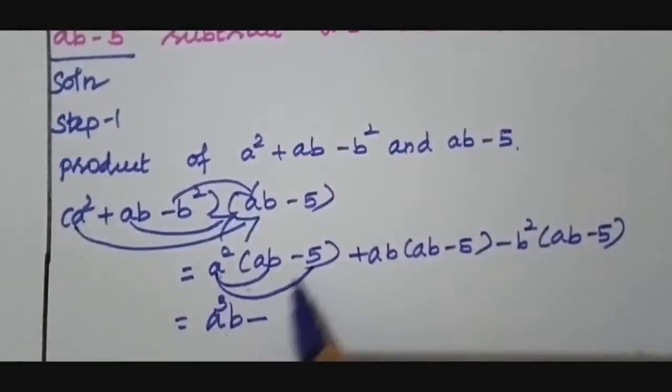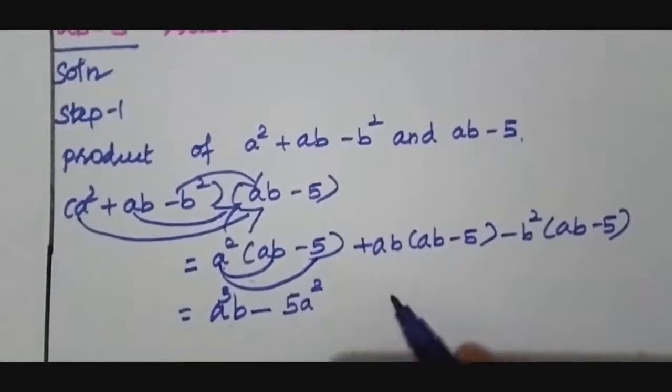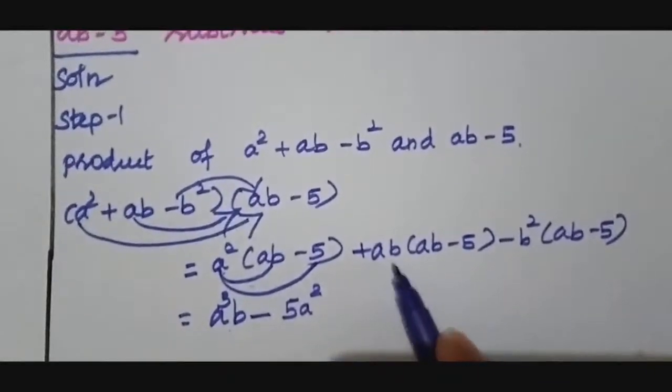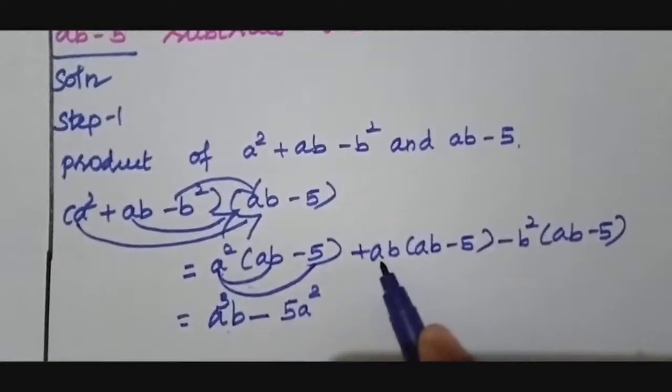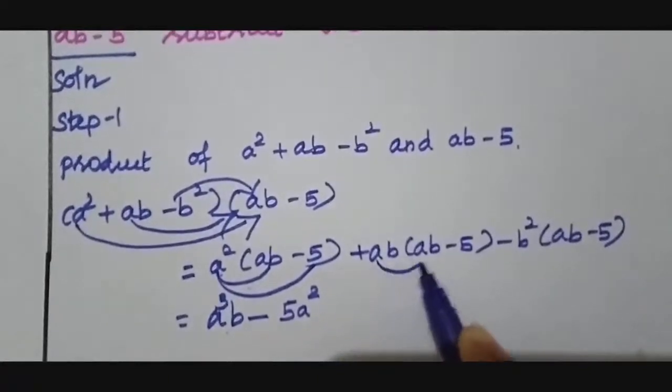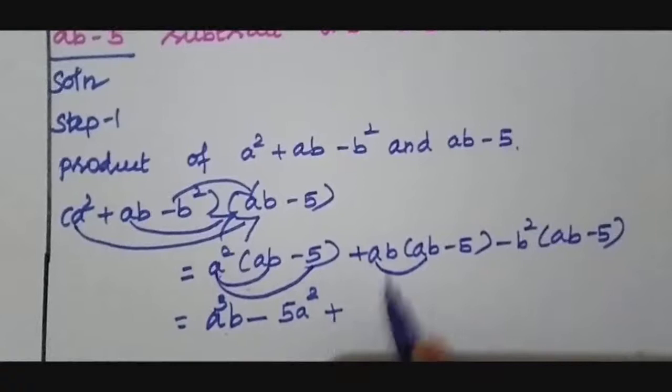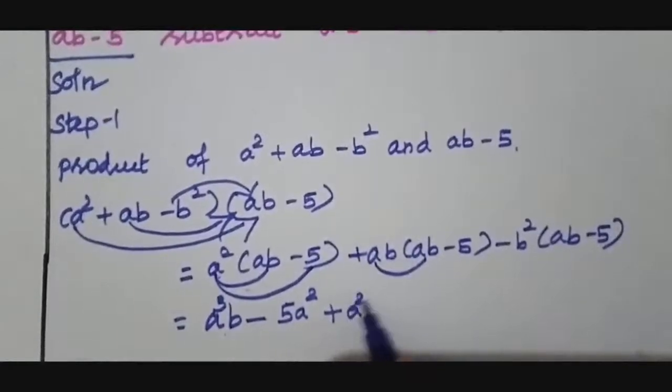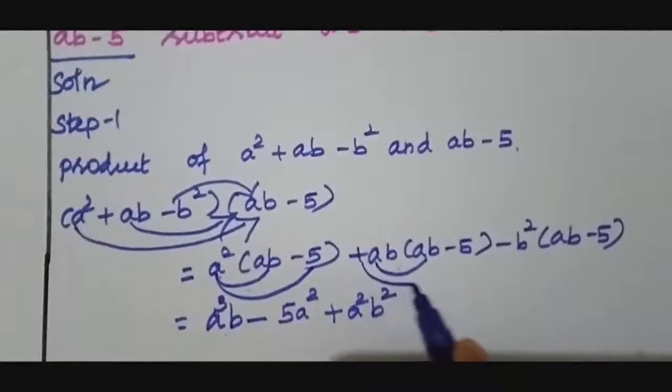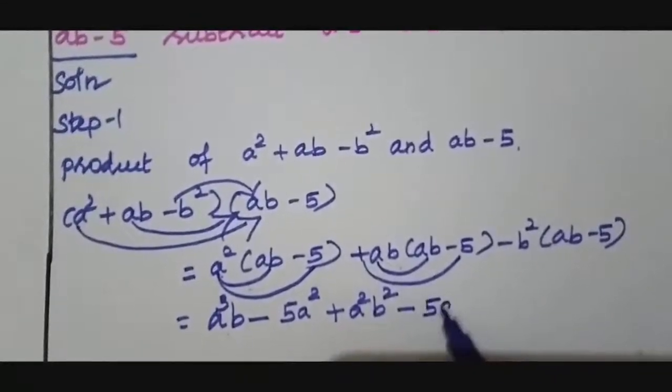A square into 5 is 5a square. Now multiply this ab with the terms inside the bracket. Plus ab into ab is plus a into a is a square, b into b is b square. Now plus into minus is minus, ab into 5 is 5ab.